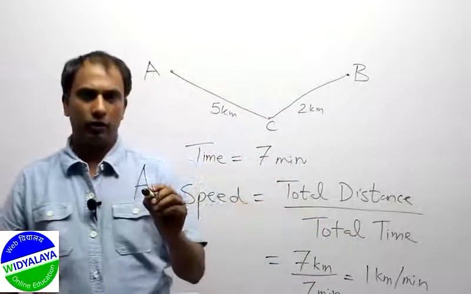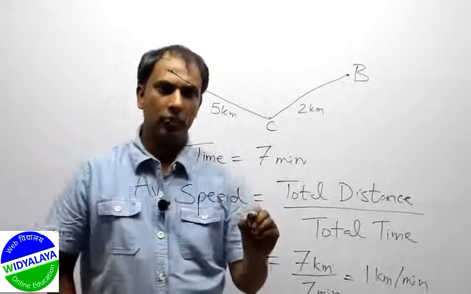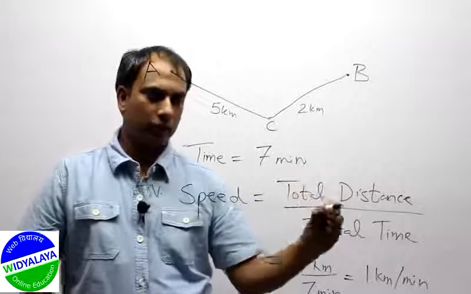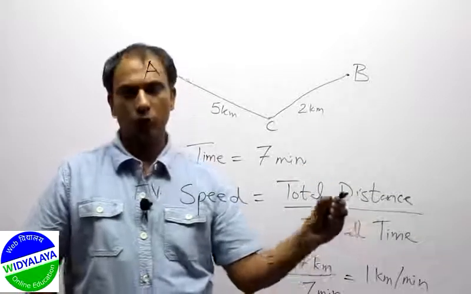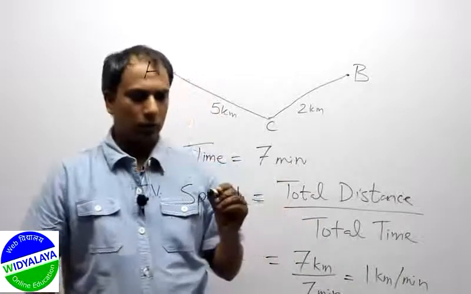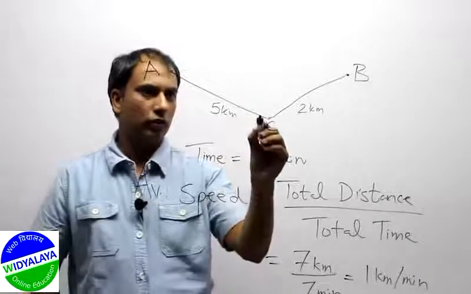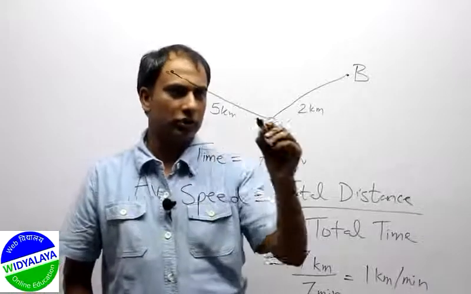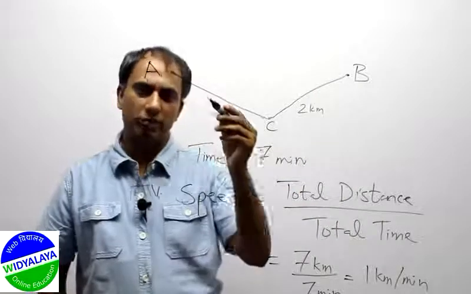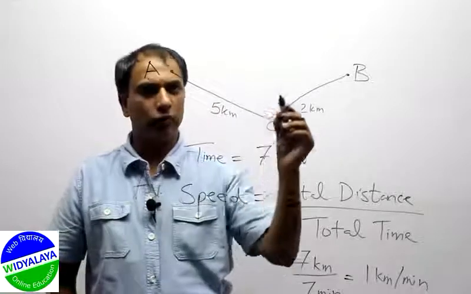So what we have learned is that the average speed of any object is the total distance traveled by that object divided by the total time it took to travel that distance. Now we also have to understand that when this cab was moving from A to C and C to B, the speed could have been the same, or it could have been changing at different points of time.